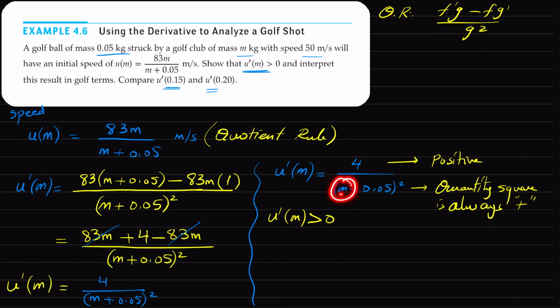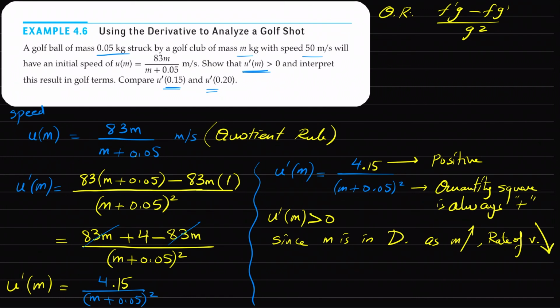So as m increases, the rate of the speed will get smaller and smaller, because they are in opposite directions, one in the denominator, one in the numerator.